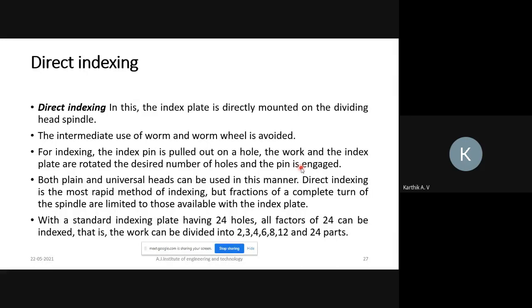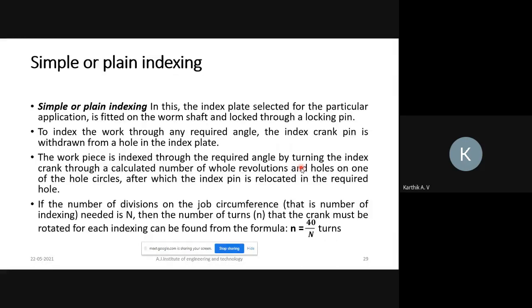How many rotations are required to complete a rotation of the spur gear? 40. 40 rotations of the crank are required to complete one full rotation of the spur gear.